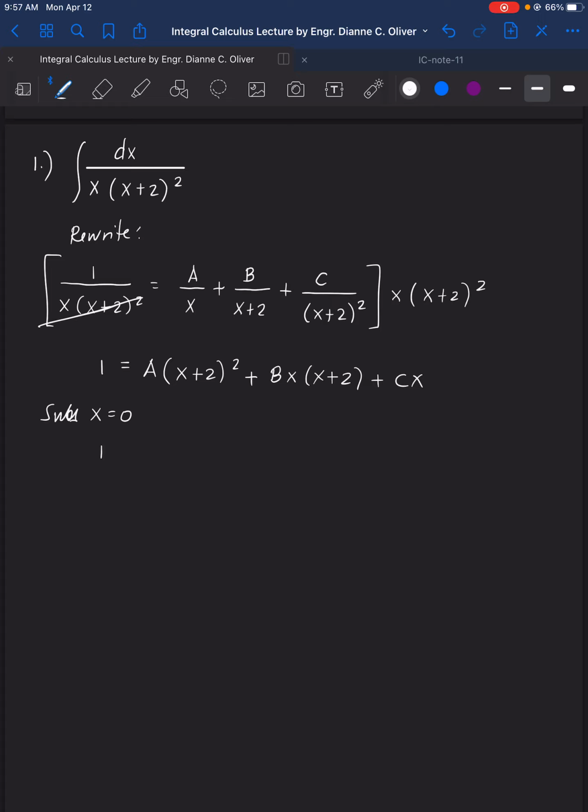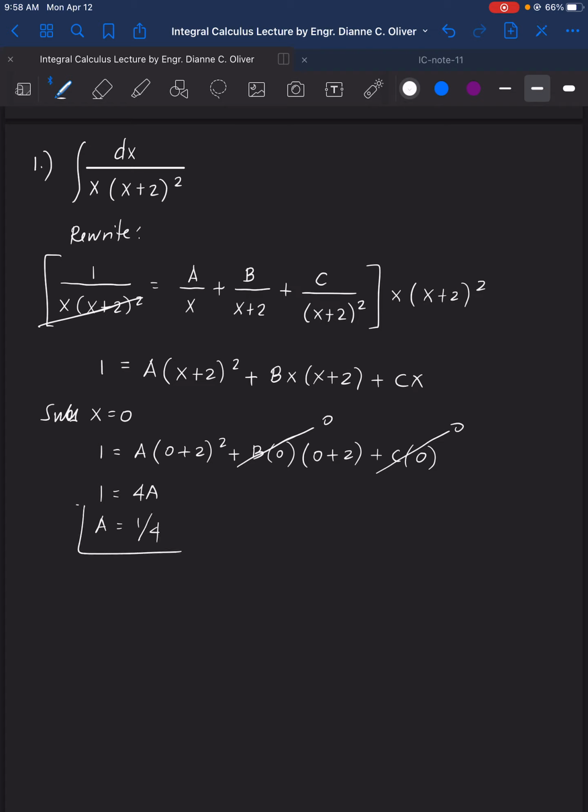So we have here 1 is equal to a times 0 plus 2 squared plus b times 0 times 0 plus 2 plus c times 0. So we will cancel out b and c. So what's left is a. We have here 1 is equal to 4a. Therefore, a is 1/4.